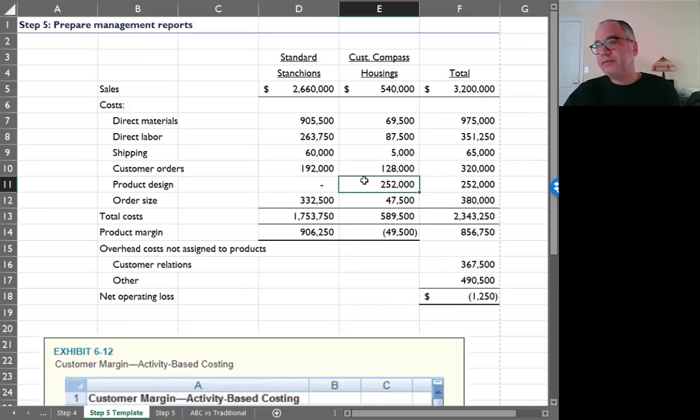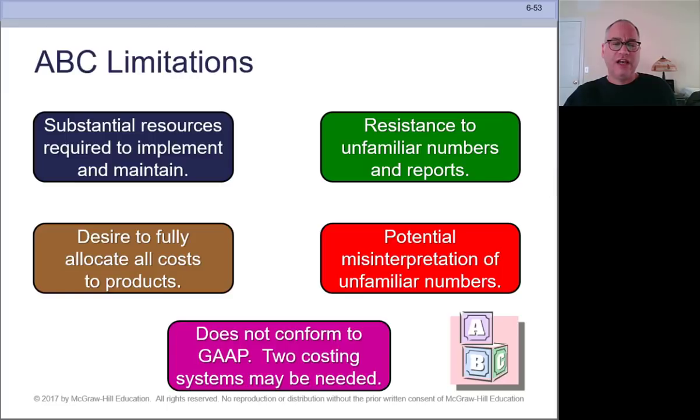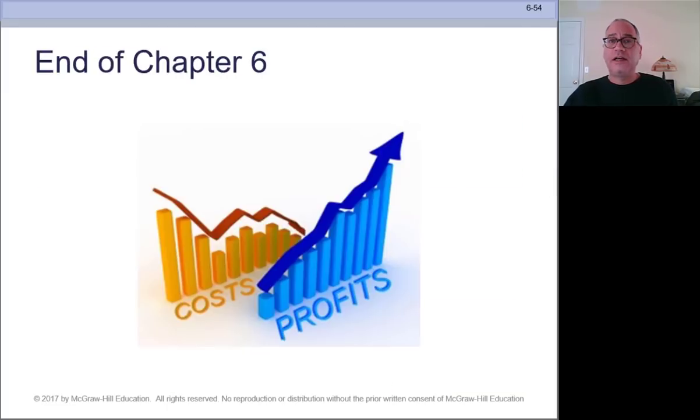Well, then you're still paying the overhead. You didn't save any money; you just stopped bringing in the revenues. You still have $252,000, and then you'll lose even more money, because before you were only losing $49,500. Now you have a whole department with nothing to do that's costing you $252,000. So you have to be very careful about how you use this information. Use accounting information for good, not for evil.